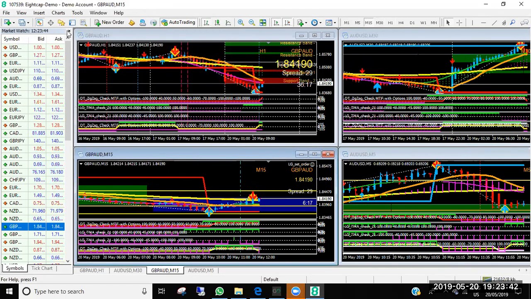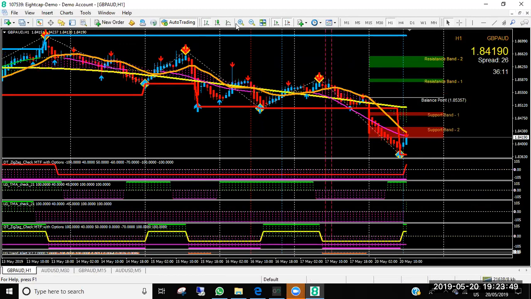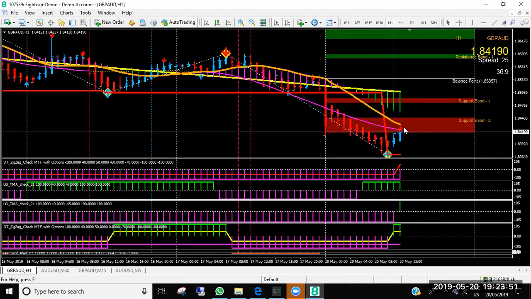Okay, so here I'm just going to change the H1. You can see the H1 got a solid pink, and our timing line is still above it at some distance.